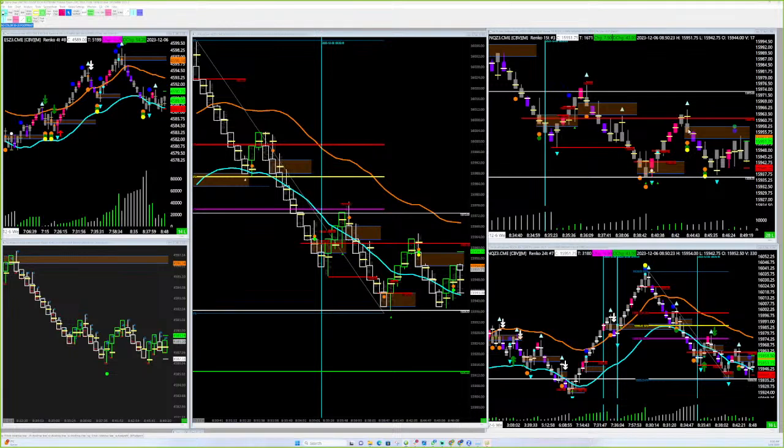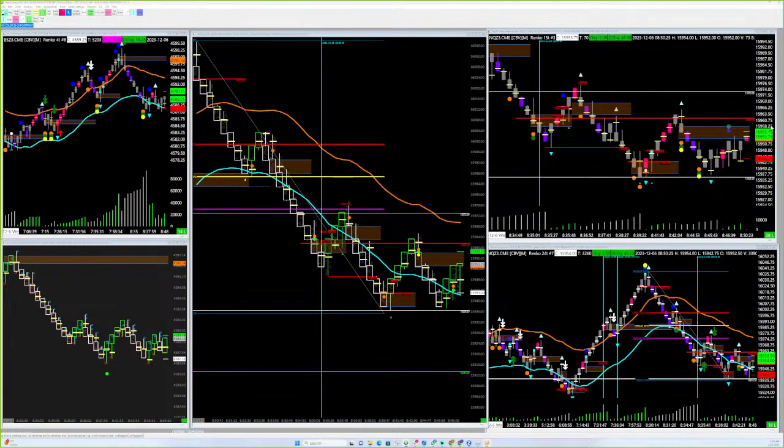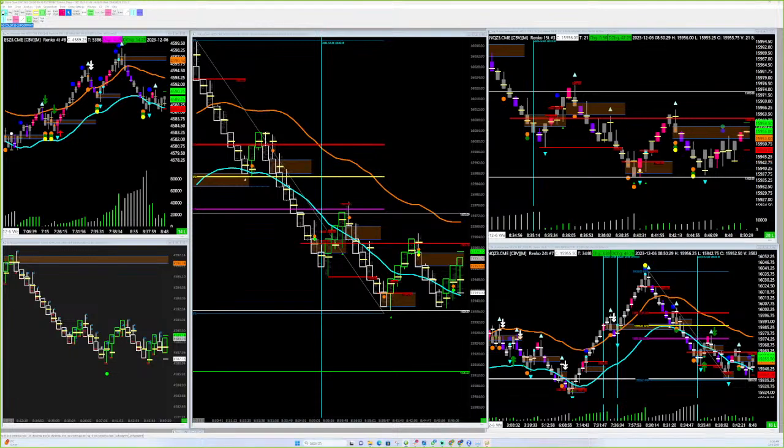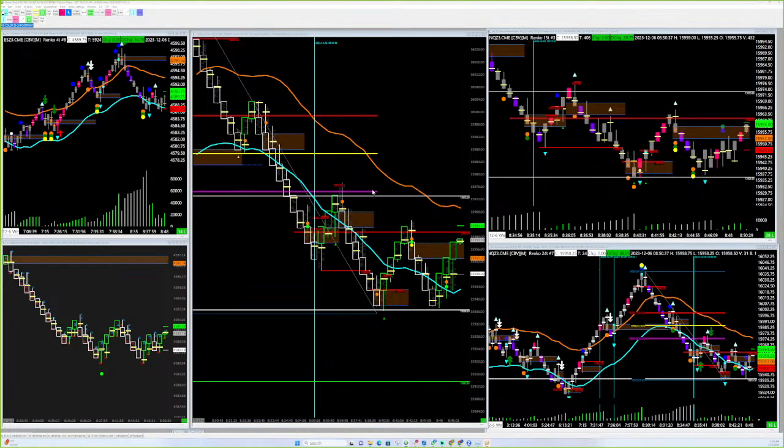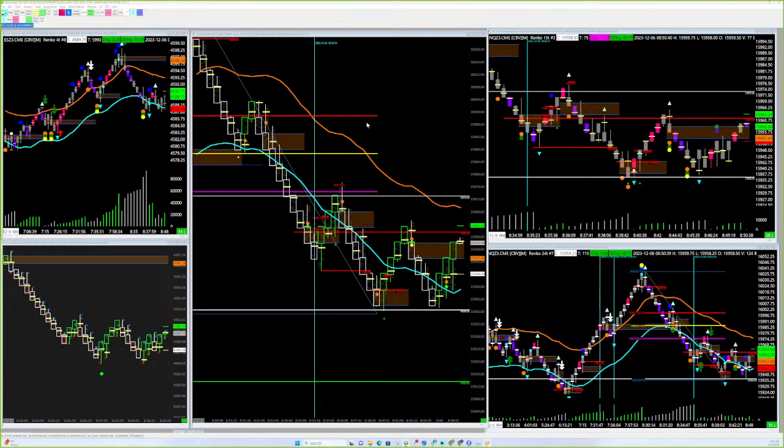They should come back up to test this guy at least. At least. And then into this 382, 50, and 62 are your next targets up. They tried to test that 44 and they couldn't get back to test them.